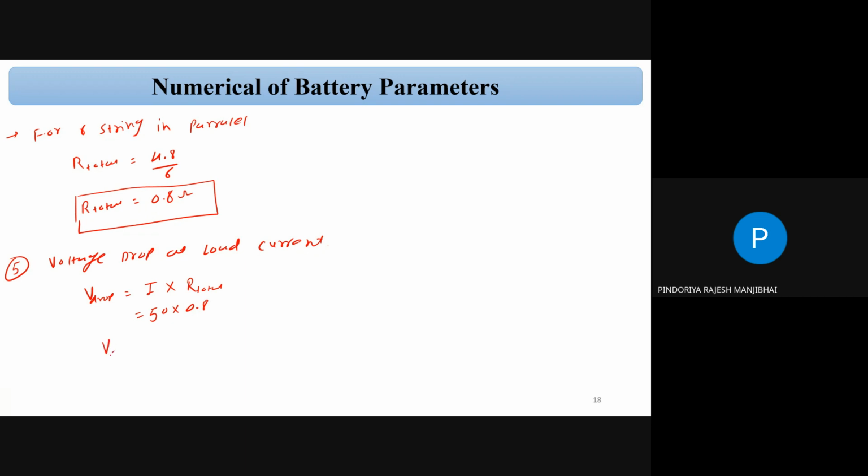So V drop is equal to 50 into 0.8, so there is a 40 volt. This is the voltage drop at the load current, I into R total.